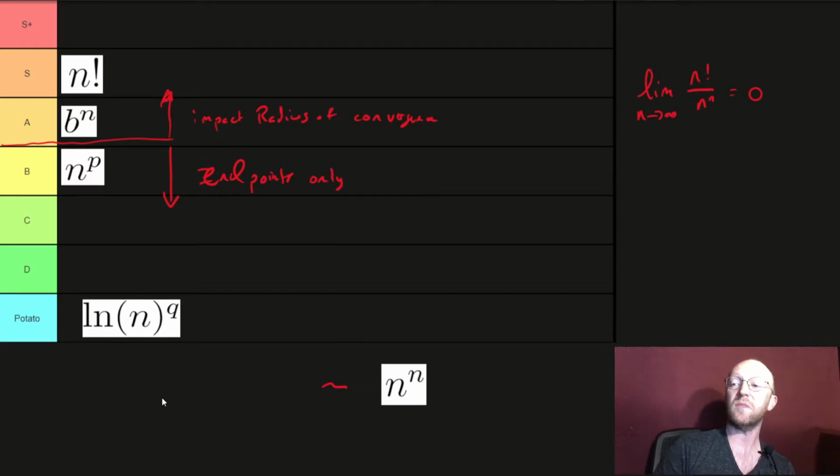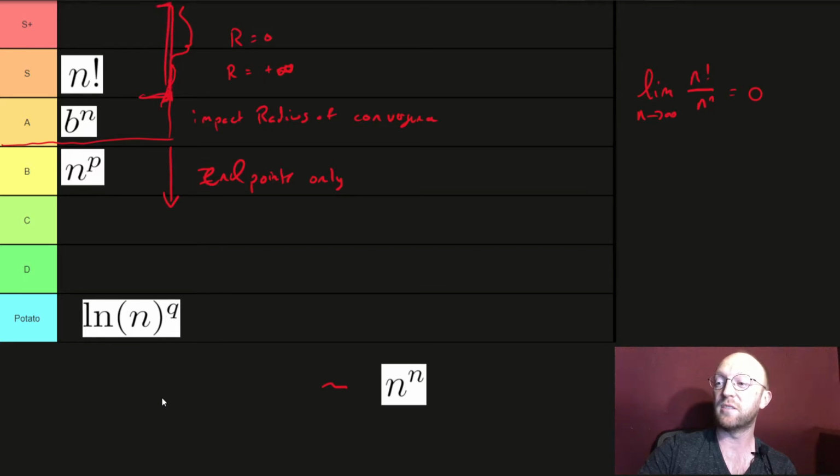And then even more, this rarefied air, why is this S tier? Because if we see these in the numerator, our radius is 0. If it's in the denominator, our radius is infinity. So these S tier functions, that's why they're S tier. They're going up to infinity so fast that they make our radius infinite.